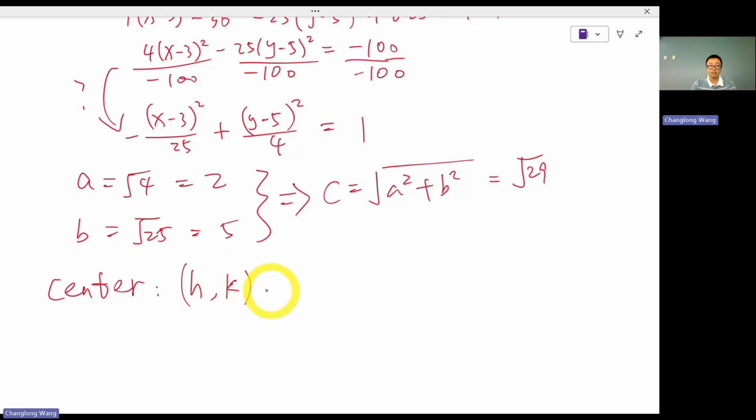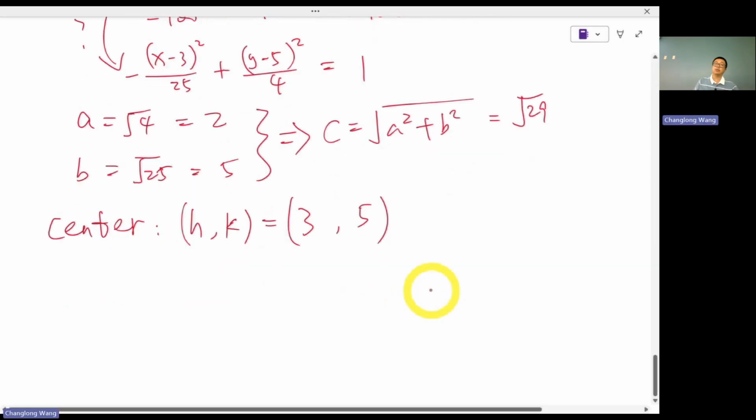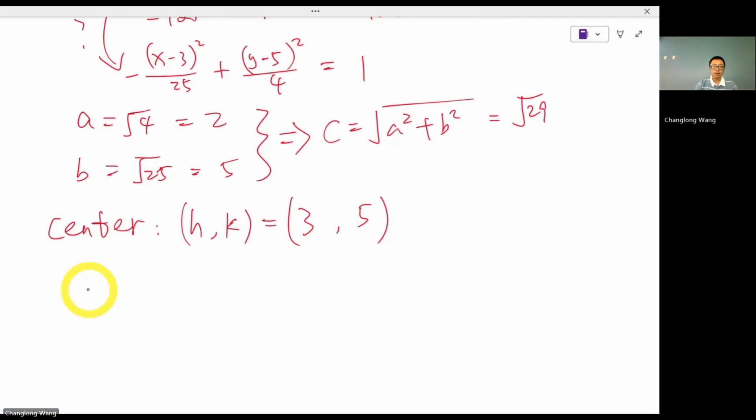You see what that point is? 3 and 5. I wish they had a plus sign somewhere, then you know that H and K will be whatever number you subtract from the x or the y. But in this case, it's (3, 5). That means you're shifting the hyperbola to the right by 3 units and up by 5 units.